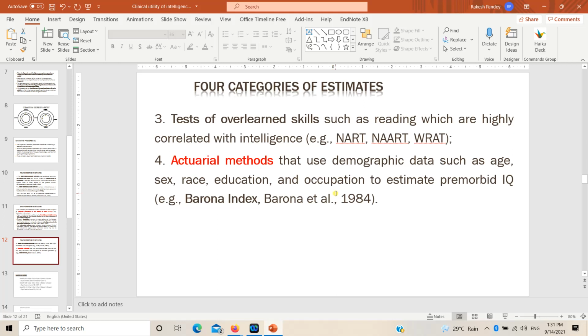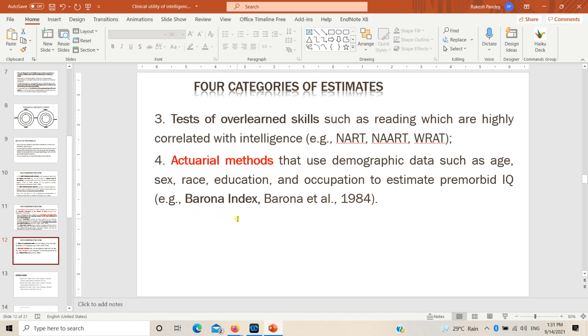So this information can be easily obtained, and we can use those actuarial regression equations or actuarial techniques to estimate premorbid IQ. I have mentioned one which is very popular, the Barona index.